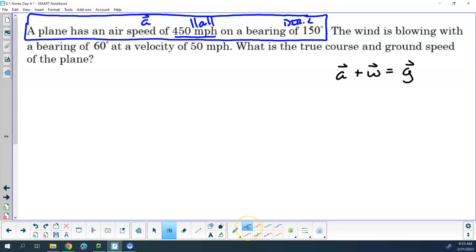So the first thing we need to do is convert that to a trig angle. Bearing of 150 degrees. Which quadrant am I in if I'm bearing 150 degrees? Quadrant 4. Okay? So I'm down here.